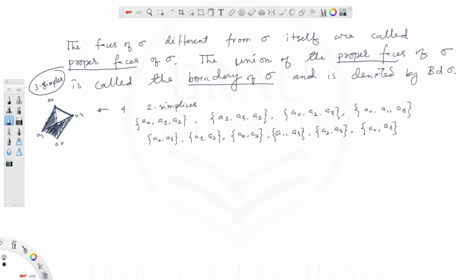And so there are 1, 2, 3, 4, 5, 6. So there are 6 one simplices.